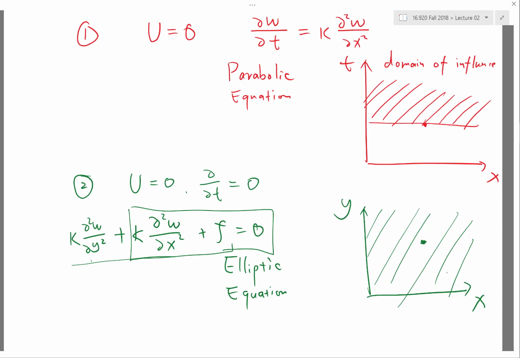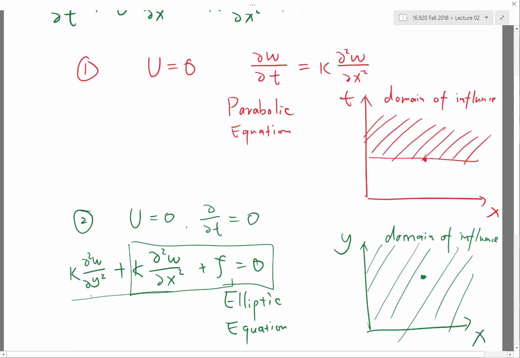So the primary difference between parabolic and elliptic equations is that a change in the right-hand side is going to affect not only the positive t direction or a special direction in the independent variables. It's going to affect everywhere. So the domain of influence for an elliptic equation is the entire domain, no matter if you have one variable, two variables, three variables, or even more than three variables.